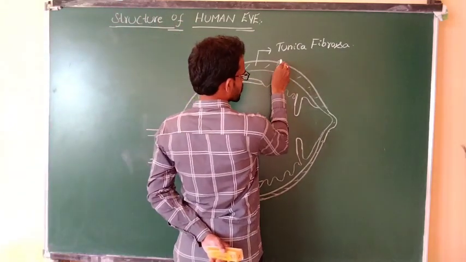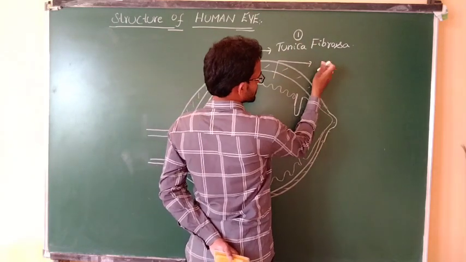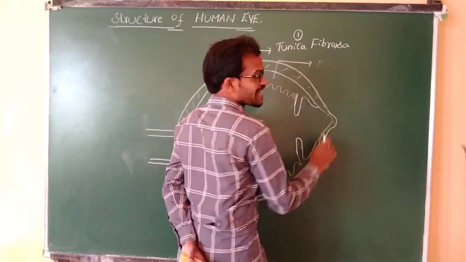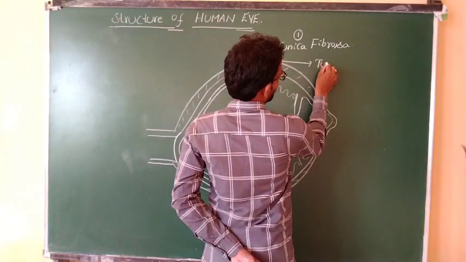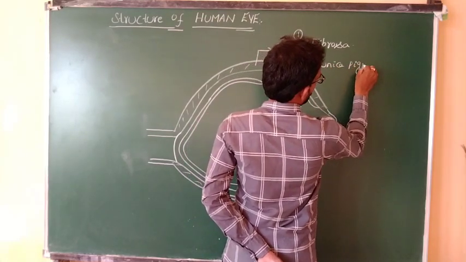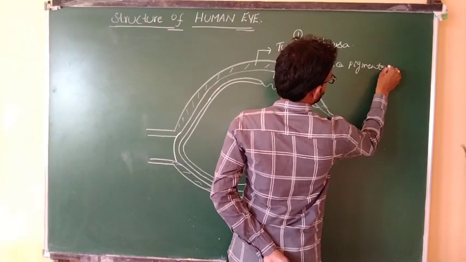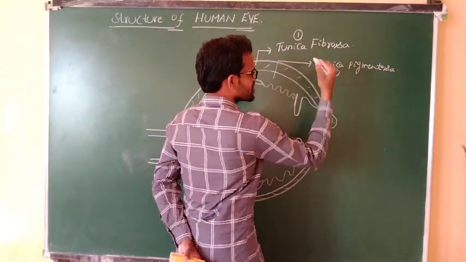The second layer of the eye. What is the first layer? Tunica fibrosa. What is the second layer? Tunica pigmentosa is the second layer.